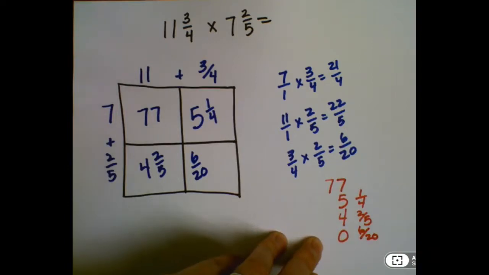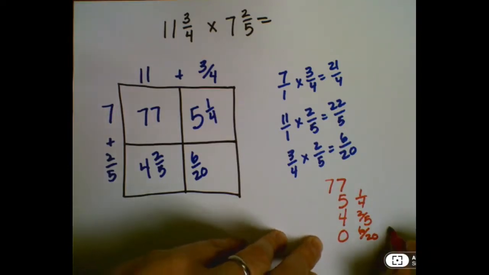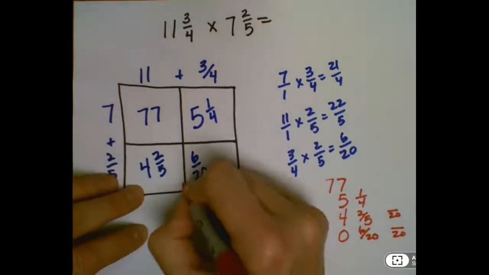And so I need again to have my common denominator, which I know is going to be 20, because I'm going to get it right here.